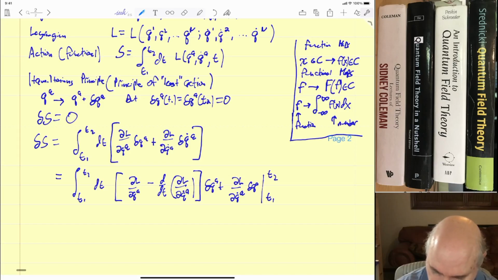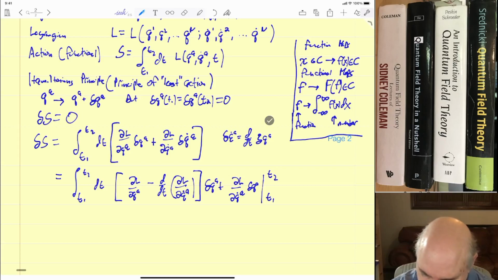All we did was take this part, because del q dot A is equal to, if you think about it, you'll see, del q^A. So what we're doing is like the integral of u dv is equal to u times v minus the integral of v du.